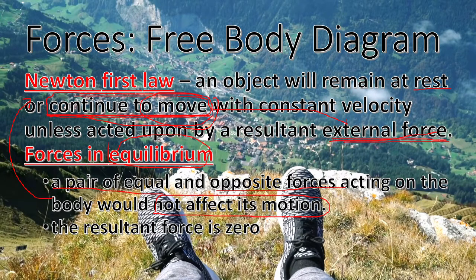And the resultant force is zero. Suppose you have a push there with a particular amount of magnitude and a force also here, so force 1 and force 2. There would be no resultant force if these two are equal.